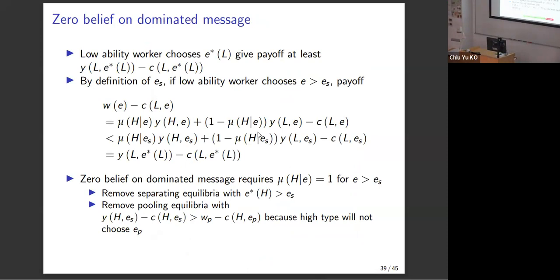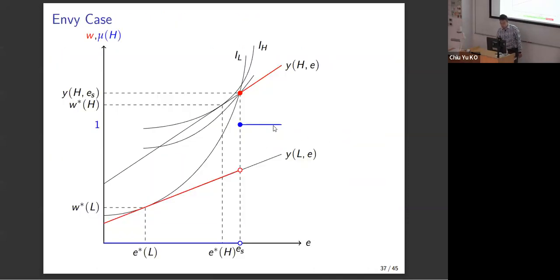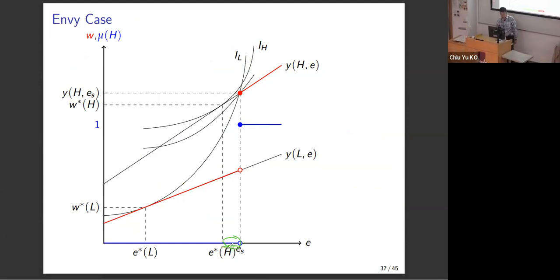Why? If the separating equilibrium requires this higher than ES, then anything between EH and ES must be the high type. Remember, to support this case, we require this to be 0, that it cannot be the high type. But the low type can never choose this one.